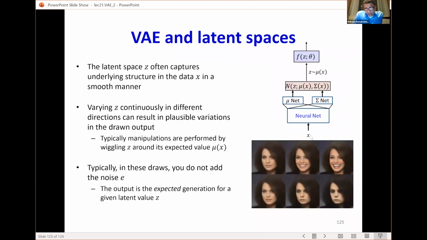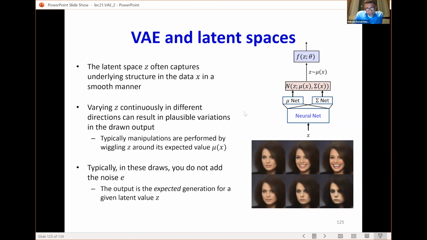But then there's more to it. Even the encoder can be used. The encoder computes this mu of x from x, which is roughly the mean of the distribution of all z's that could have generated this x.